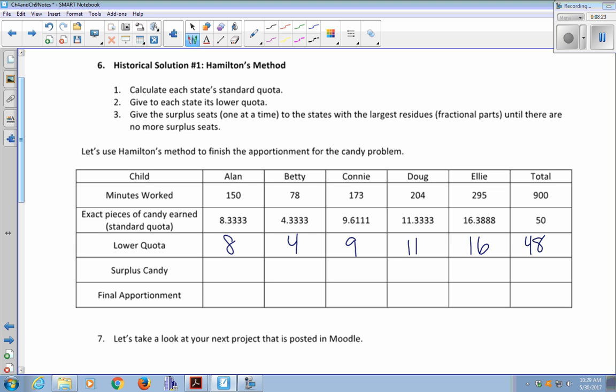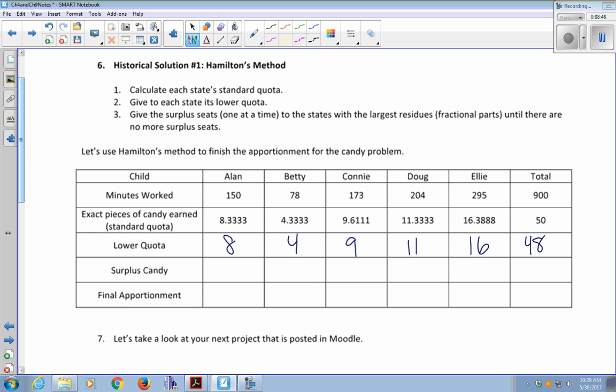So I have 2 pieces of candy left. I only gave out 48 pieces of candy by giving out the lower quotas. So 2 pieces of candy remain. Mom could just eat them herself, right? But we're assuming the rules are you have to give out all 50 pieces of candy. So who gets the extras? We're going to look at the residues, the fractional part.